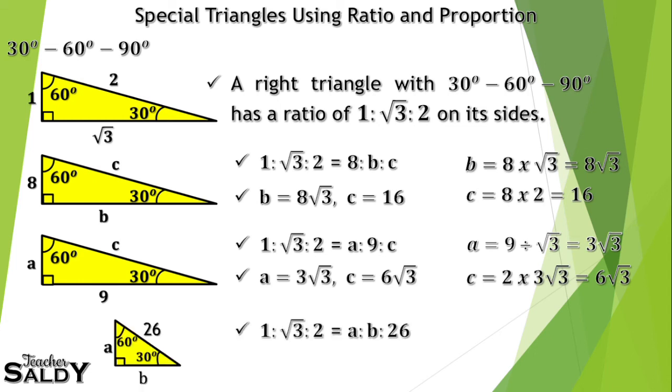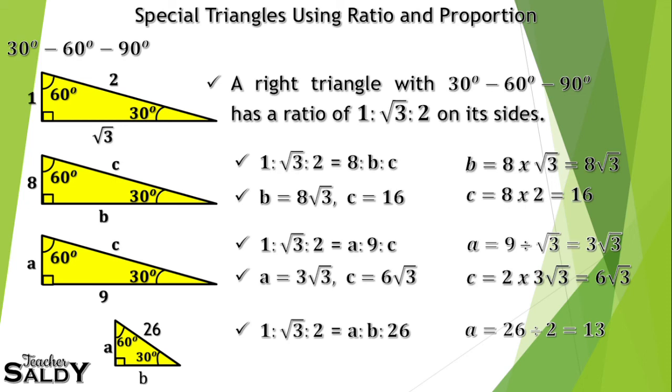Then we get to the last example. How about if the hypotenuse is given? So we have again the ratio 1 is to square root of 3 is to 2, which is equal to A is to B is to 26. Since the hypotenuse is twice the A, we will just divide the hypotenuse by 2 so we can get A. So A is equal to 26 divided by 2, which is equal to 13.